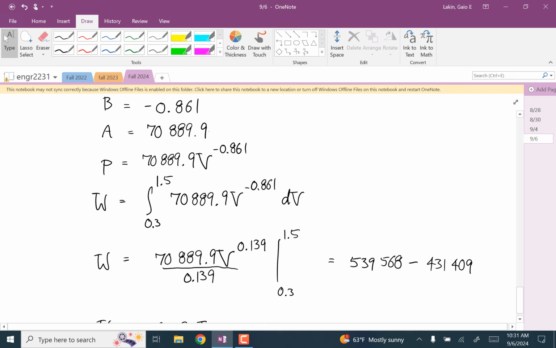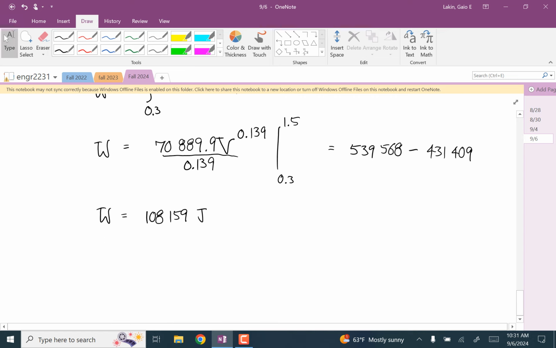And we're given that there is 200 joules of heat added. So now we're going to go to the first law of thermodynamics.